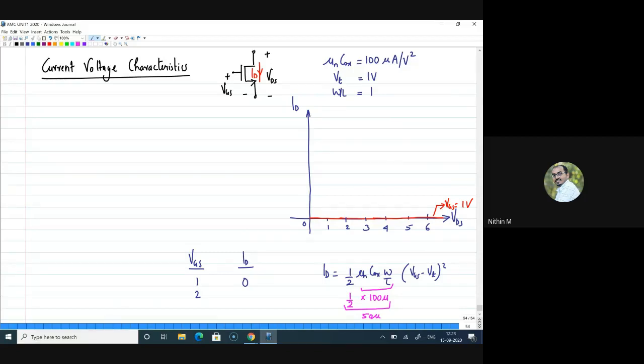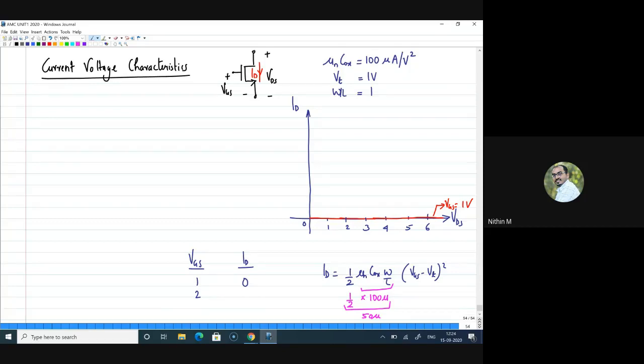50 micro, yes. Why are we not using the equation for the linear region for 1 volt and 2 volt? Yeah, so what I'm trying to do here is find the saturation current first, and then extend. Parnika, I will answer your question after drawing these characteristics.